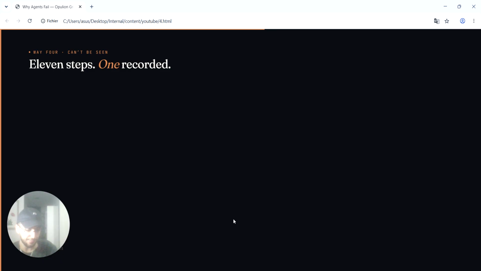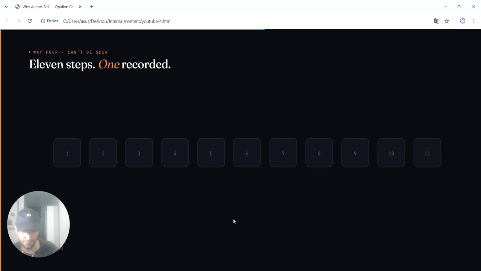Now, wave 4. Honestly, this one keeps happening the most, and based on what I've seen, most of you get stuck here whether you realize it or not.